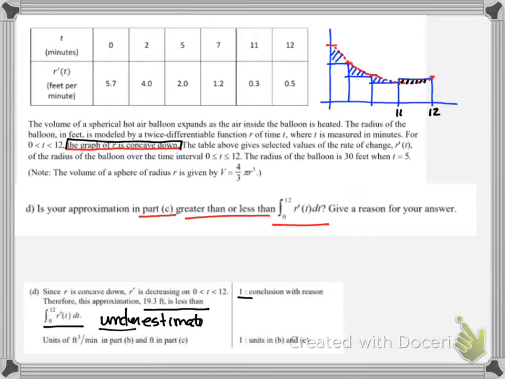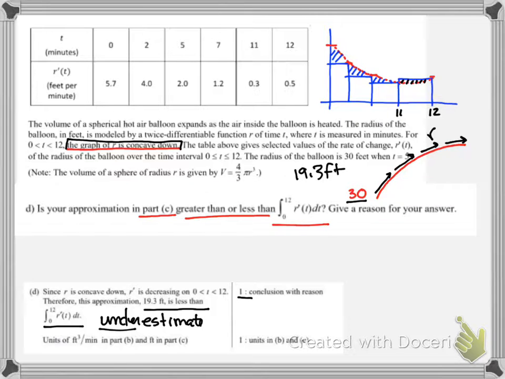So R is my radius. If we were to graph some kind of radius function, we started at 30, and we know that we're going up because we've increased by 19.3 feet in radius, but they tell us R is concave down. So as we think about this, our slope is increasing at a decreasing rate.